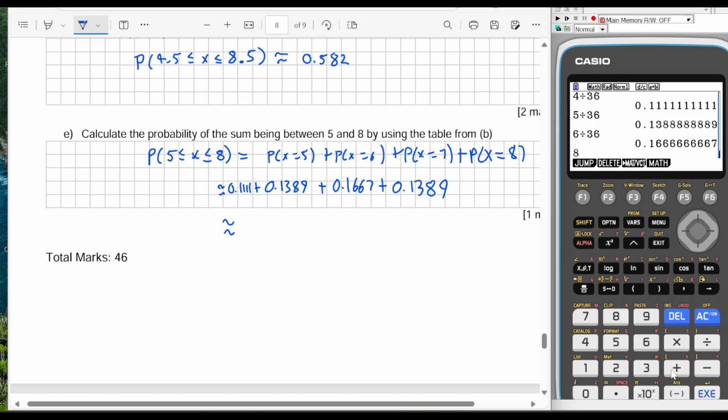Okay, so 0.1389 plus 0.1667 plus 0.1389 gives us 0.5556. Beautiful. So that is the probability.